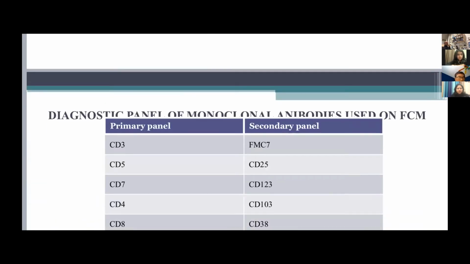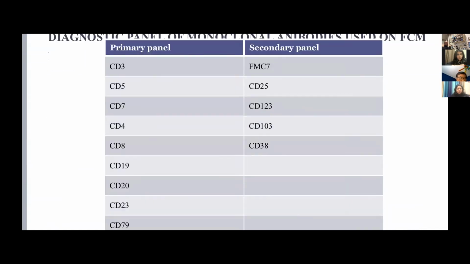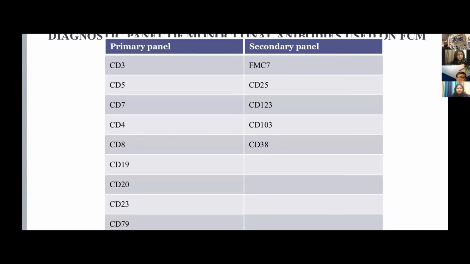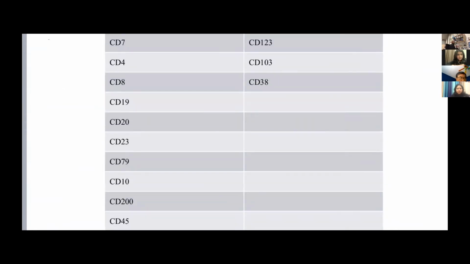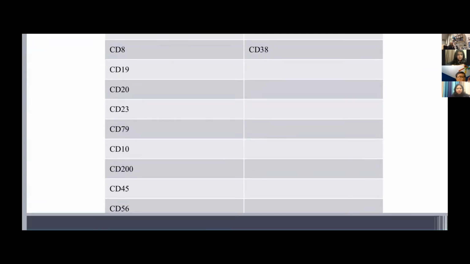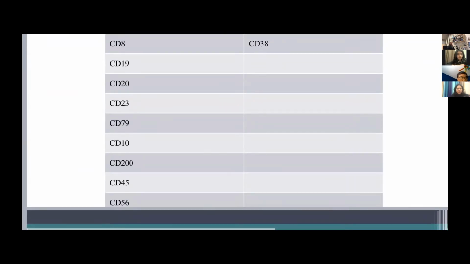Okay, this was the diagnostic panel of monoclonal antibodies that was used on flow cytometry. The primary panel comprised CD3, 5, 7, 4, 8 for T cells; 19, 20, 23, 79b, 200 for B cells; CD45 as common leukocyte antigen; CD56 for NK cells.